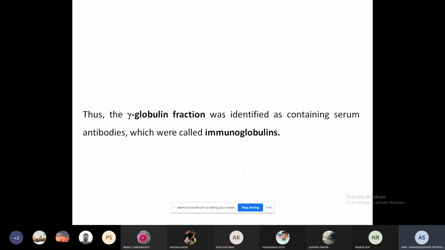So gamma globulin is the fraction of the serum containing the antibody. The other parts of the serum, alpha and beta globulin or albumin, are not immunoglobulin.